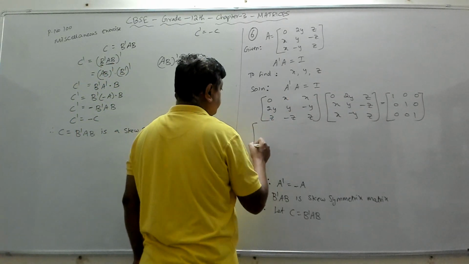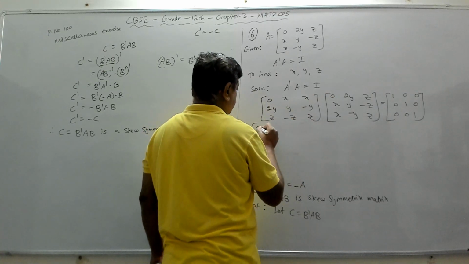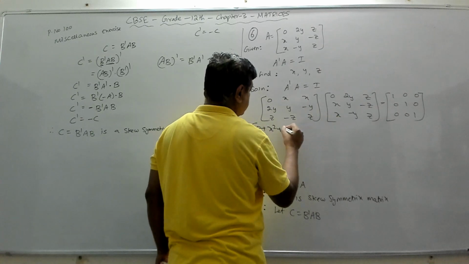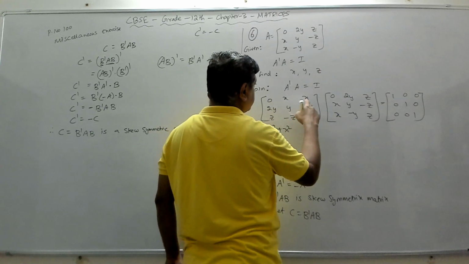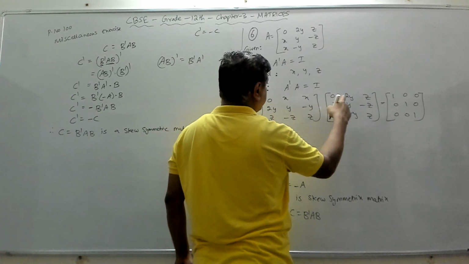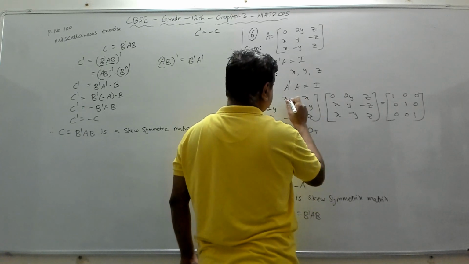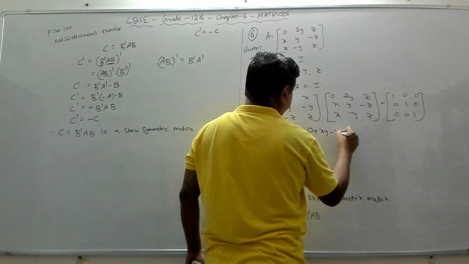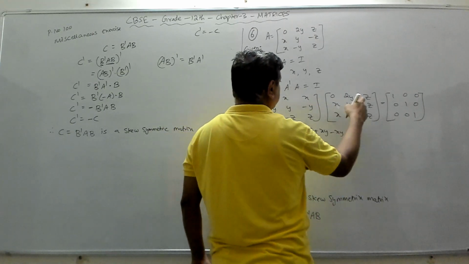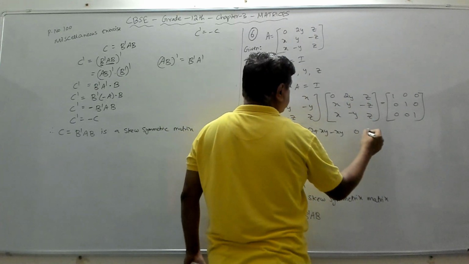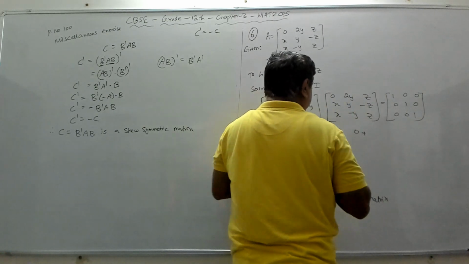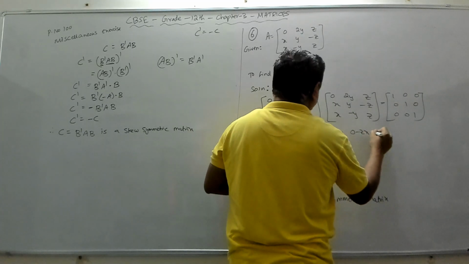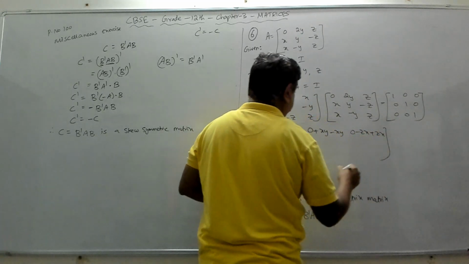So if you multiply, you get 0 into 0 is 0, plus x into x is x square, plus x into x is x square. Then 0 into 2y is 0, plus x into y is xy, plus x into minus y is minus xy. Then 0 into z is 0, plus x into minus z is minus zx, plus z into x is zx.